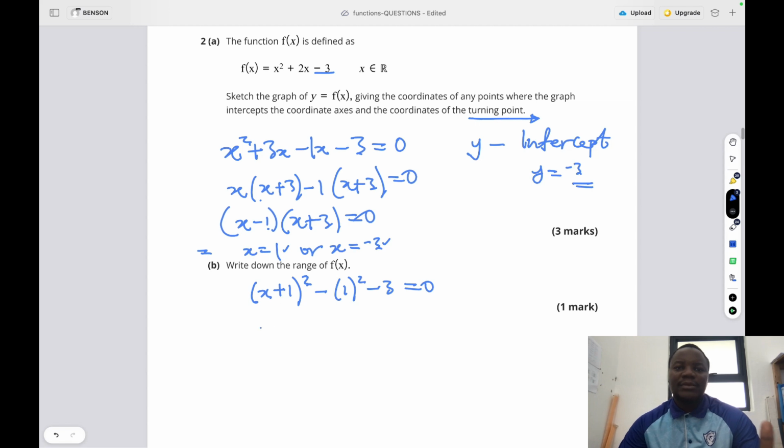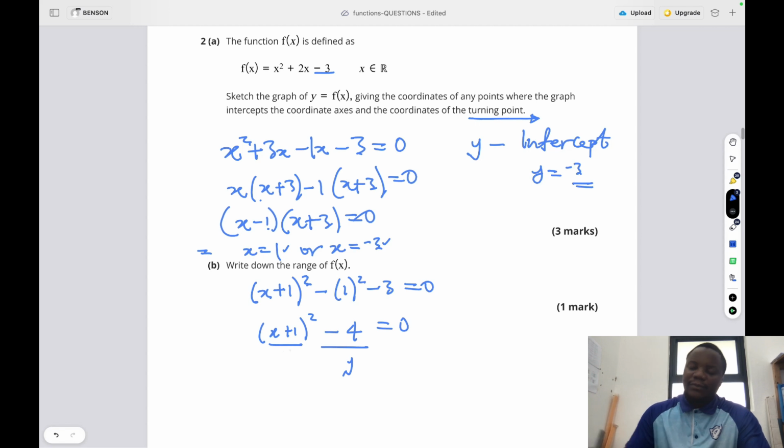So in this case, we have x plus 1 squared minus 4 equals 0, since minus 1 squared minus 3 gives us minus 4. Now, the turning point: this is the value of y at the turning point. And when we solve this bracket equal to 0, we get the value of x at the turning point.